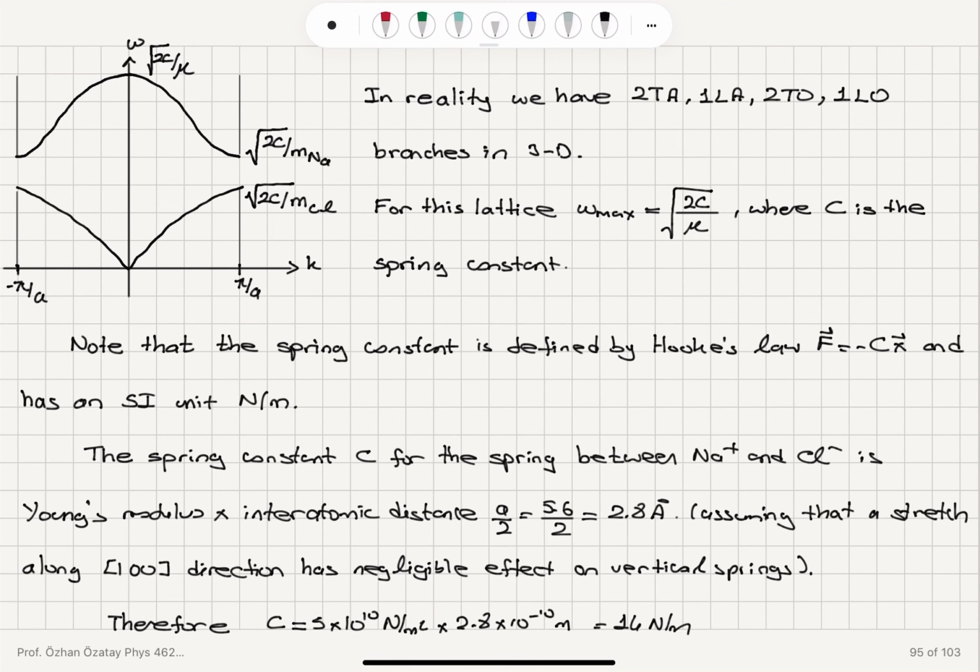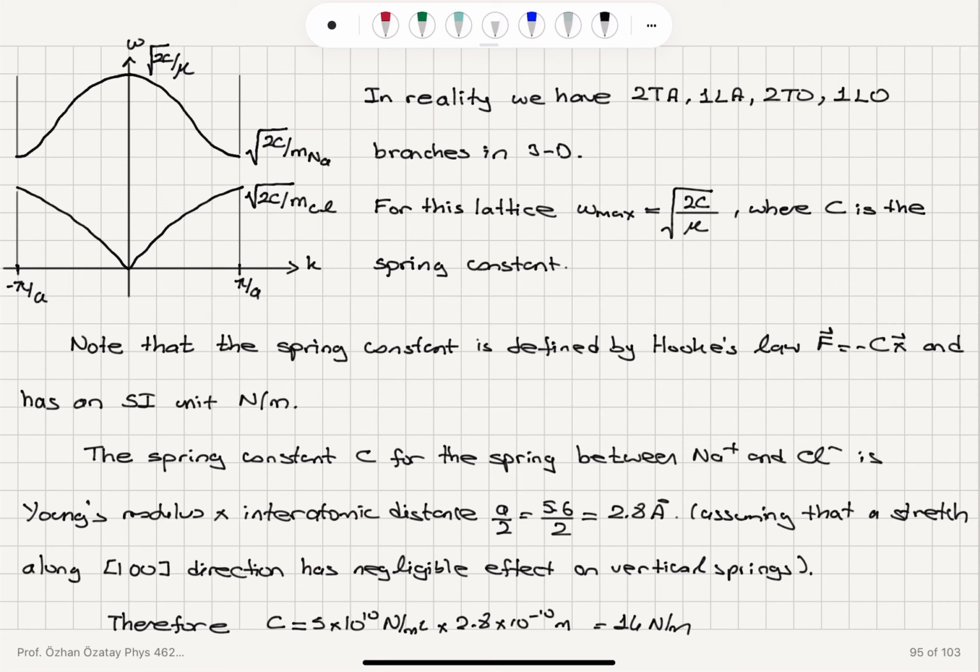And because we know the dispersion relation omega versus k for a one-dimensional lattice with a diatomic basis, this has a maximum at square root 2C over mu. We know what 1 over mu is, but we have to calculate the spring constant. It is the modulus of elasticity multiplied with interatomic distance, and that's 14 newtons per meter.